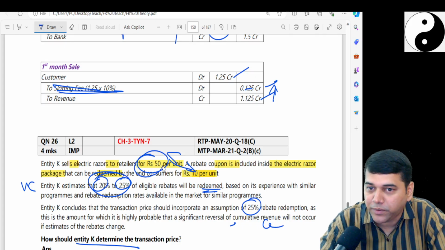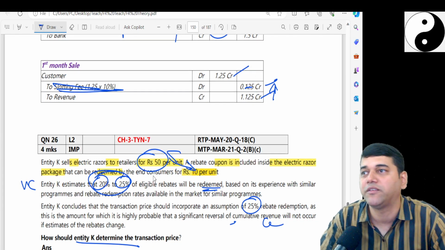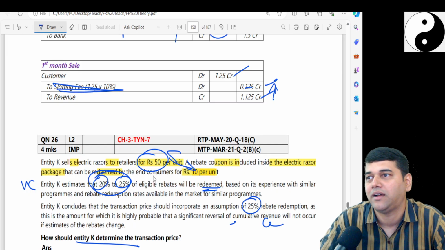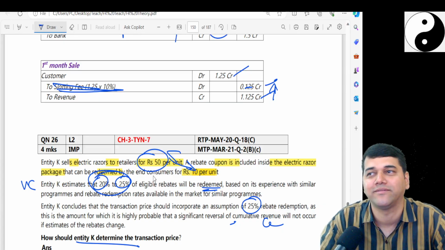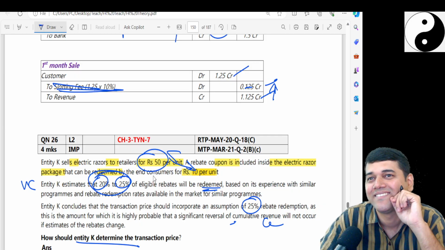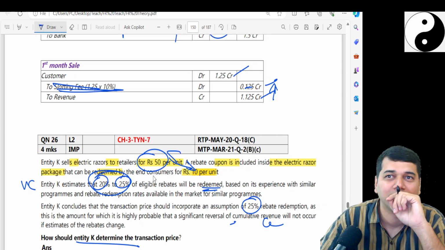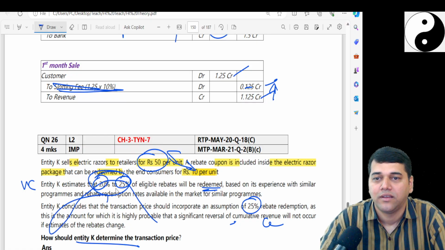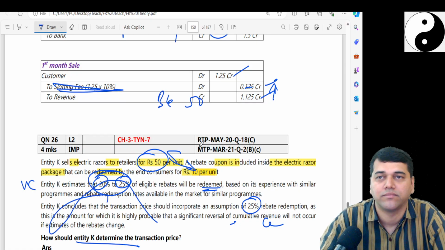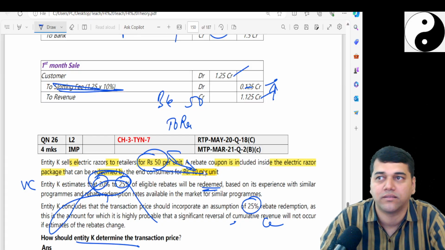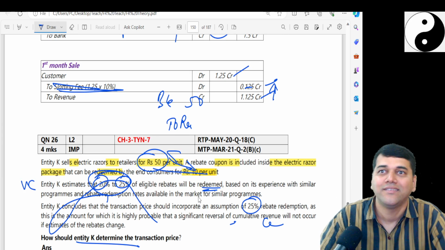When you sell for 50 rupees, say for example, I sold something for 50, what accounting entry do you pass? I will tell you the accounting entry: bank to revenue. Tell me the amount. See, understand, I will have received bank 50. When I say to revenue, if this coupon was not there, what would I have said? Simple, 50.